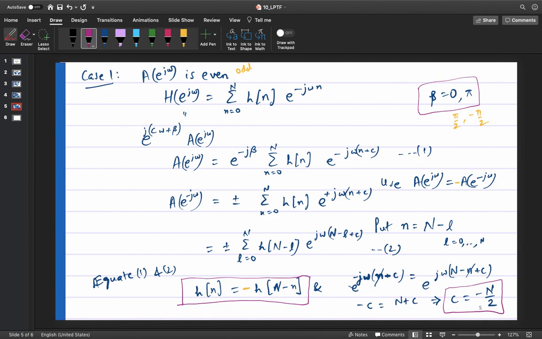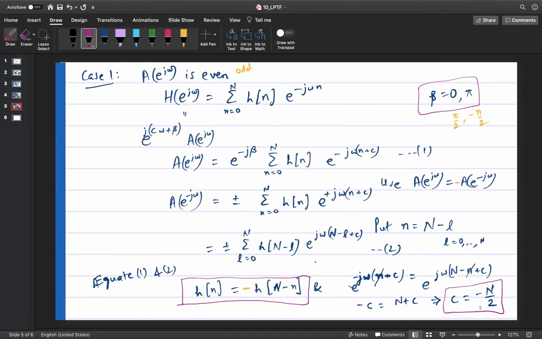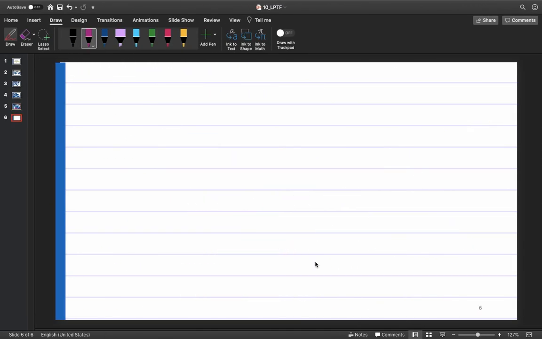So basically my h of n is minus h of N minus n. And again, two possibilities when it is of odd length or when it is of even length. Now we will discuss these two things in a bit more detail. Let's start with the first case.